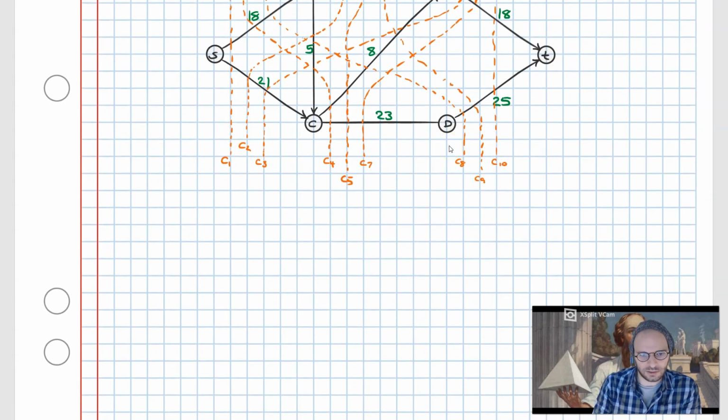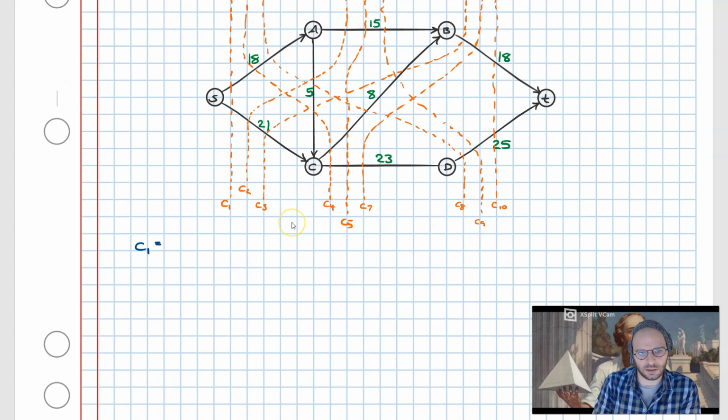So doing this, C1 is going to be this node here and this node over here. This arc and this arc. So that's SA plus SC, which will sum to be 18 and 21, which is going to sum together to give a value of 39 units.